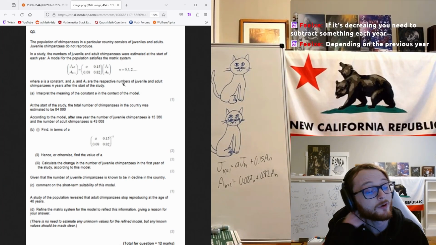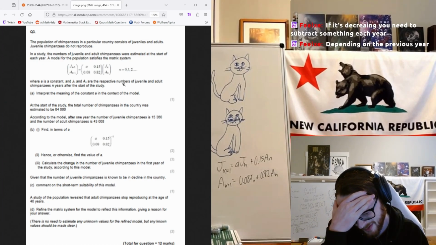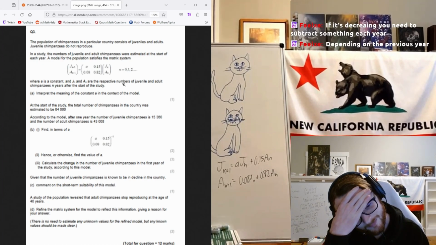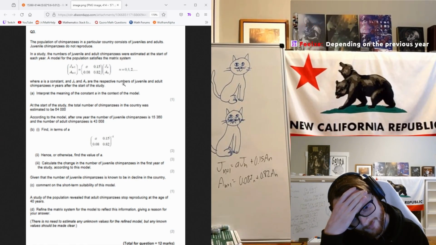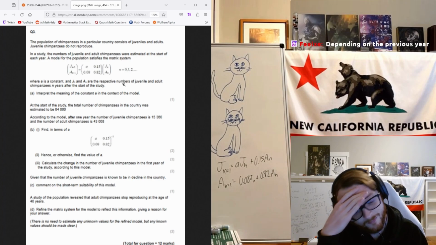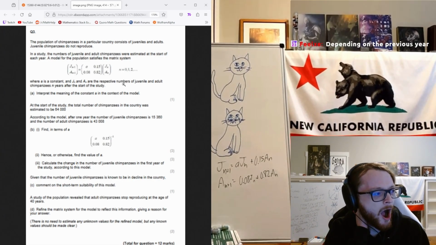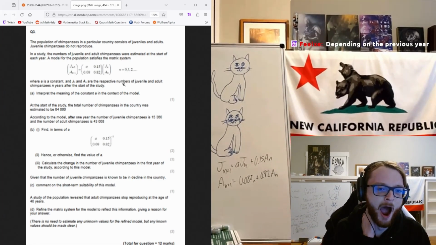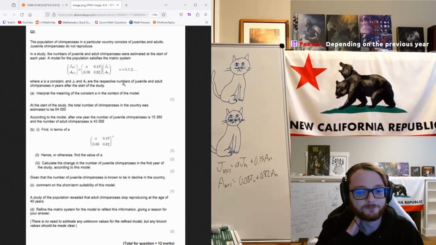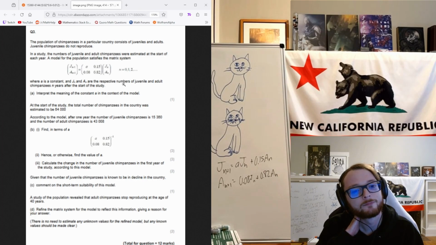So I guess it might depend on the initial values. Juveniles before and after according to this model.